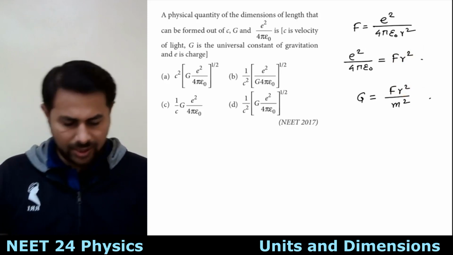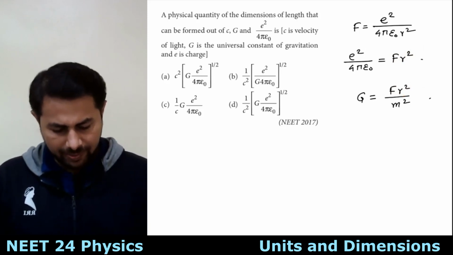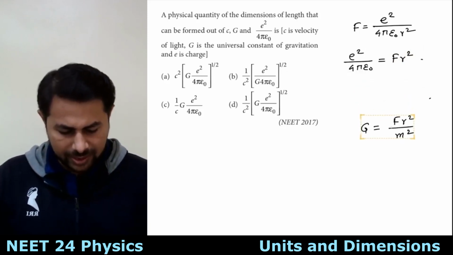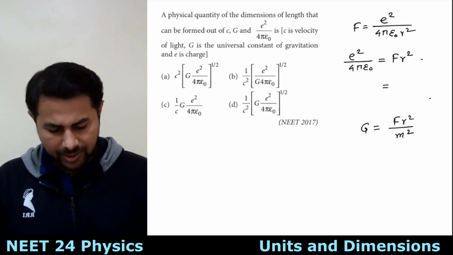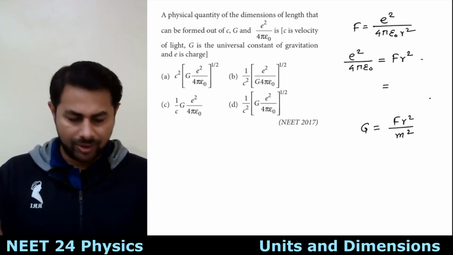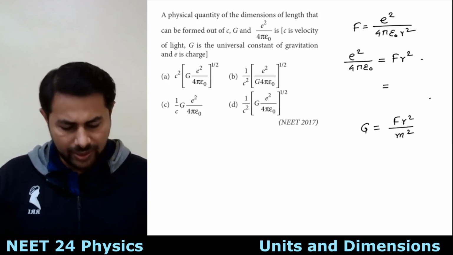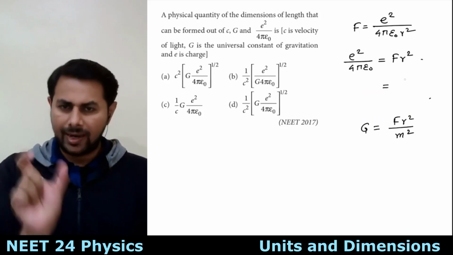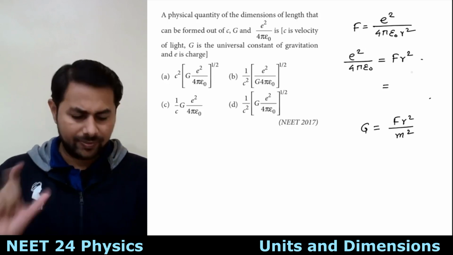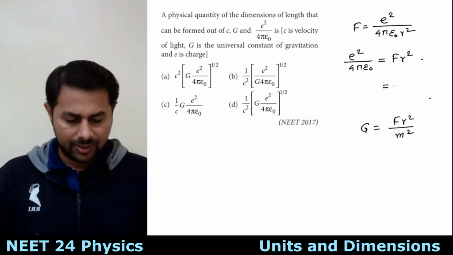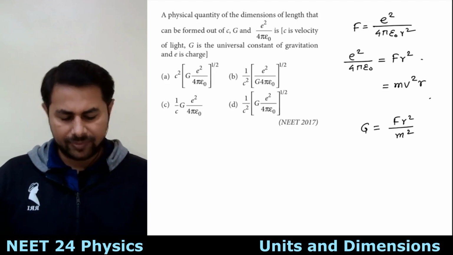So again, as we did in the last problem, we can write F r square like this. Because we have the speed of light, we need to get rid of speed and mass. There is no problem with length. So F times r is energy. It can be written as half m v square. Let's write m v square times r.